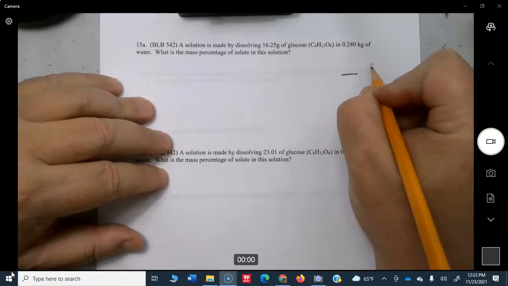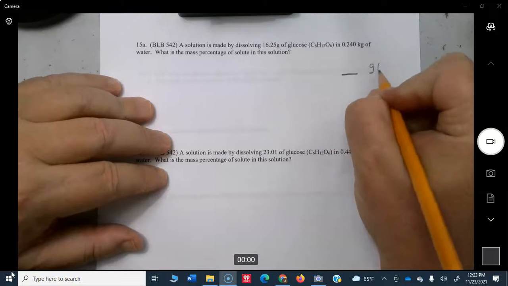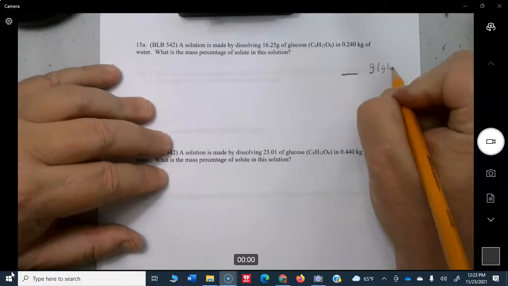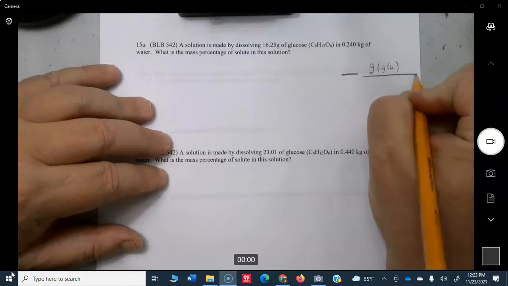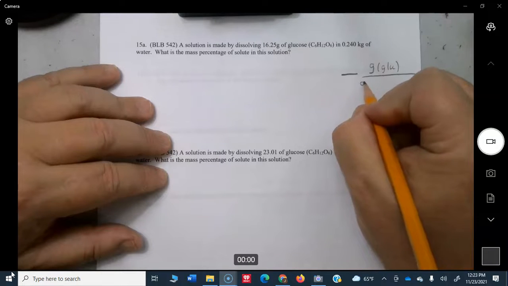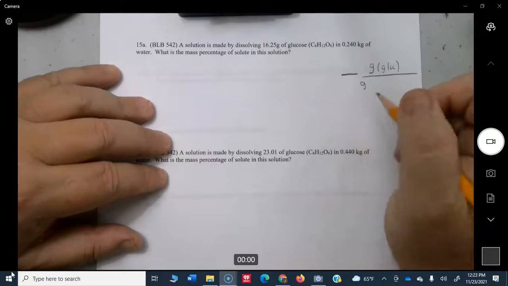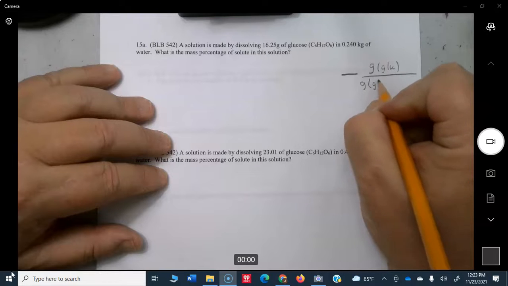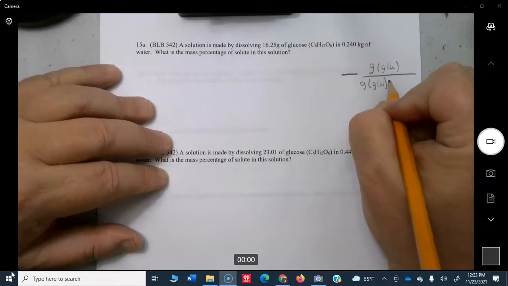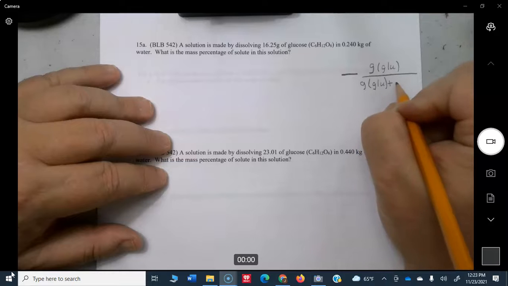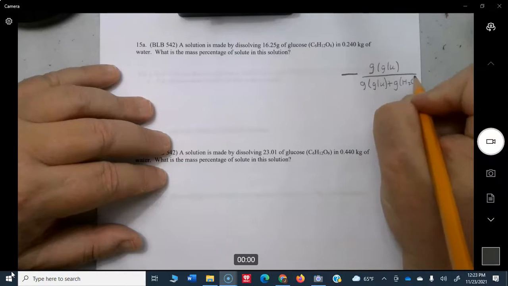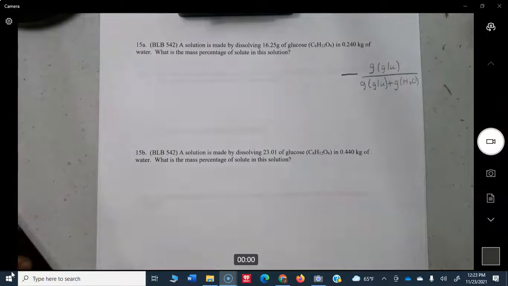So it's grams of glucose, that's the solute, over grams of solution. But instead of writing solution, I'm going to write grams of solute, because the solution is the solute plus the solvent, plus grams of H2O.